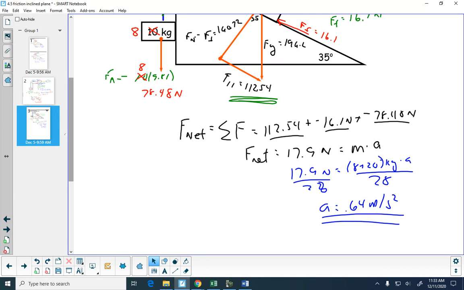And that's why it's called kinetic. Kinetics deals with objects that are in motion, objects that are moving. So when you're dealing with kinetic, you're going to have sliding friction involved.